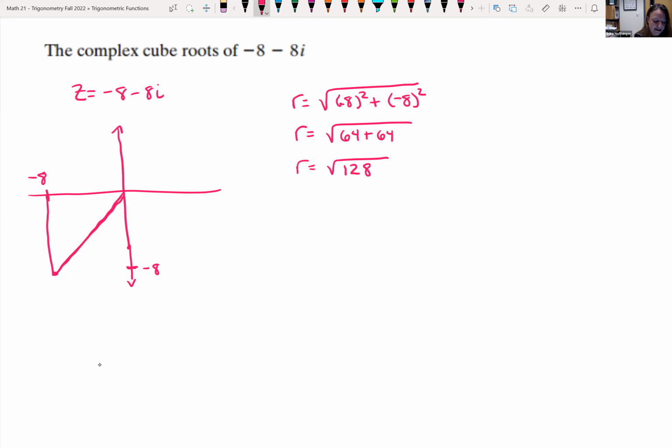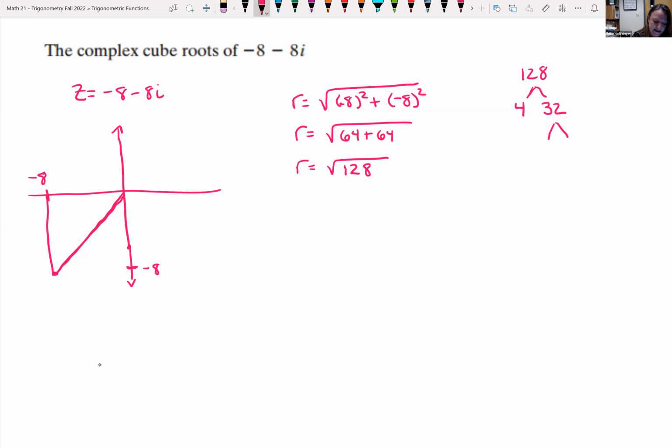So I'm looking to see if there's any factors of 128 that are perfect squares, and I'm looking for the biggest one. So if I don't know it, then rewriting it sometimes as a product of prime factors is helpful. I know that 4 goes in 128. I know 4 is a perfect square, but 4 goes into 128 32 times.